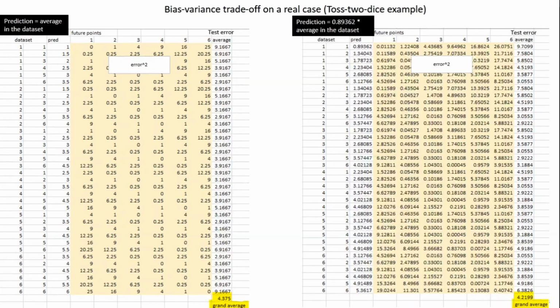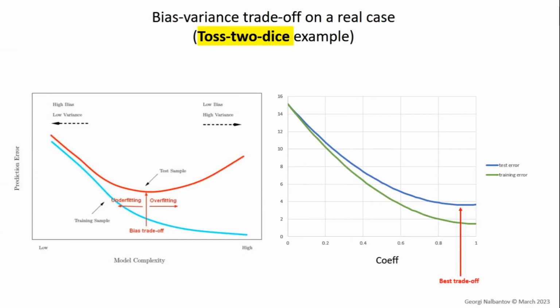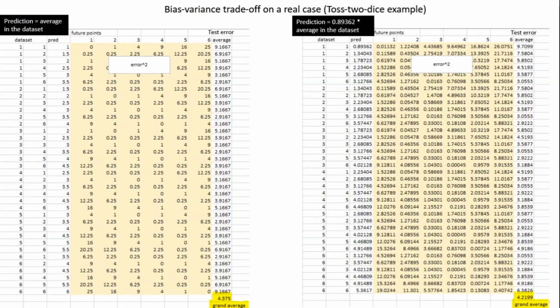So these are the derivations for the graph here on the right, with the training error and test error when we toss 2 dice. So we have a data set for the first 2 columns. We have prediction, we have future points, we have test error, and the prediction on the left side is the average in the data set.